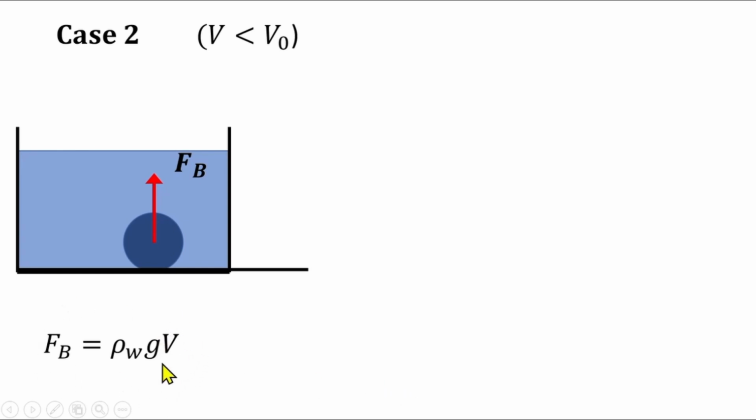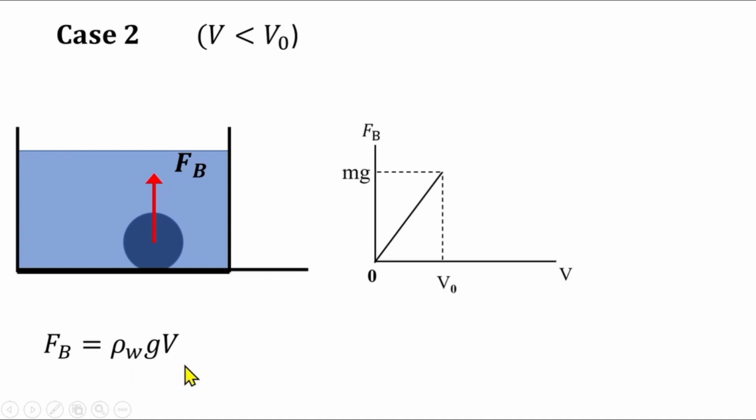Volume is not given, so we consider the volume as a variable, and we plot buoyant force as a function of V. This is a straight line which exists for V less than V0. Maximum buoyant force is equal to mg here.